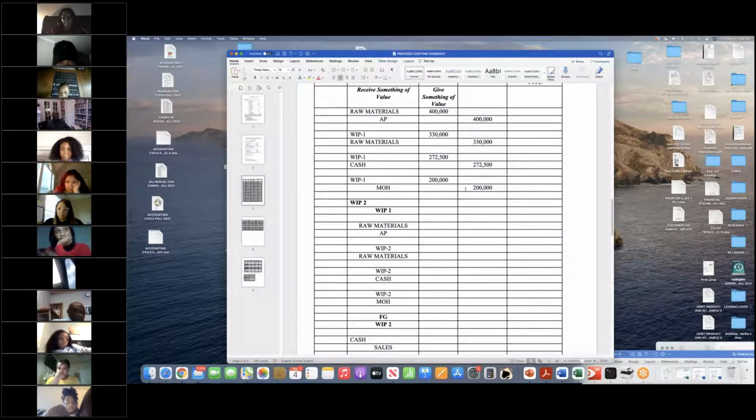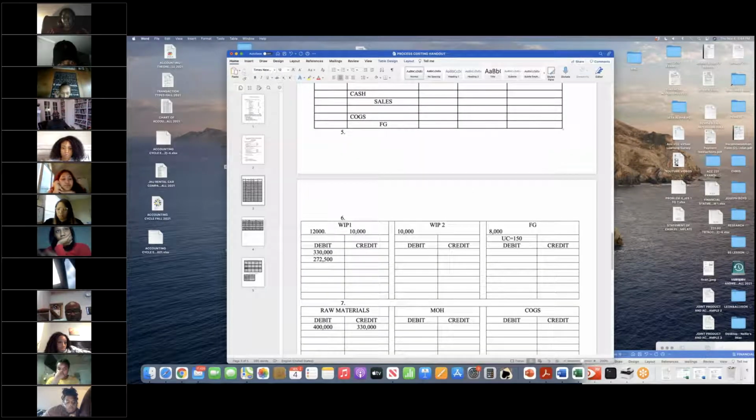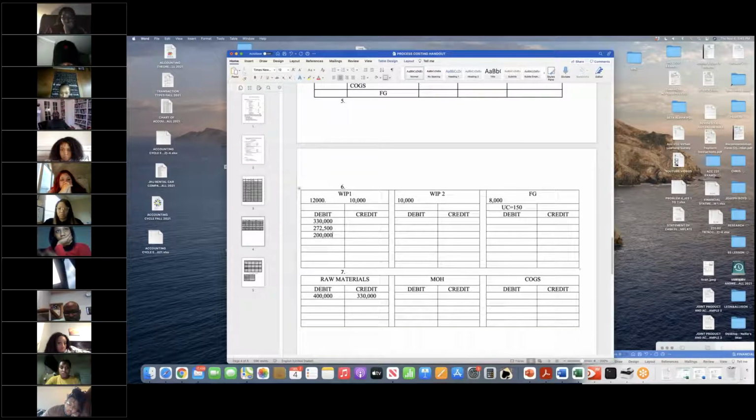So you just have these bulk costs that are transferred in. So that's 200,000. And you should have credited what? Manufacturing overhead for 200,000. Any questions so far?